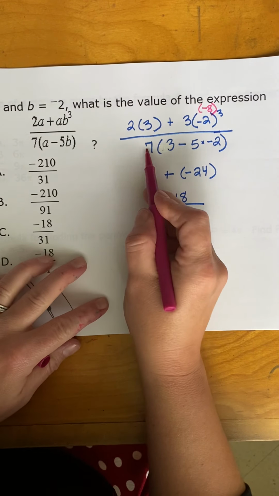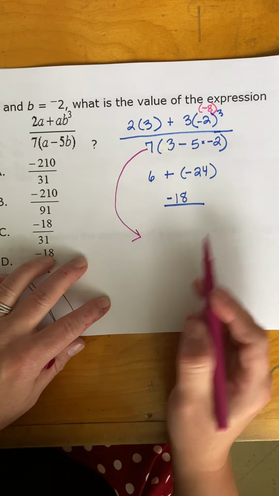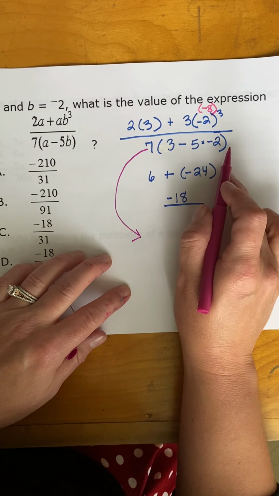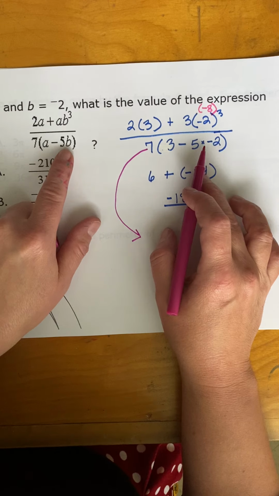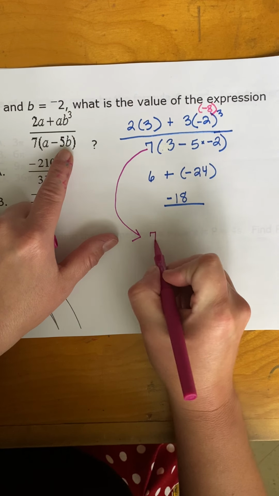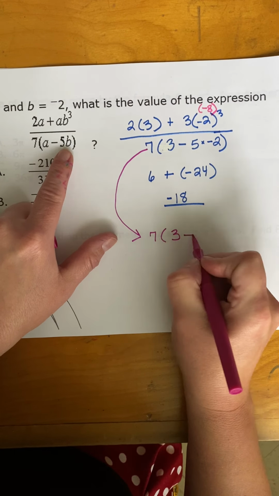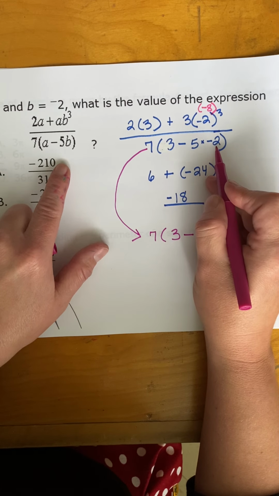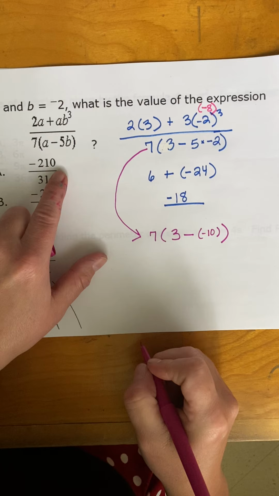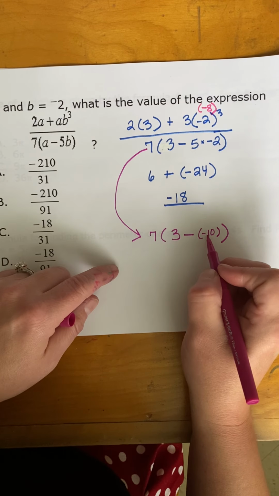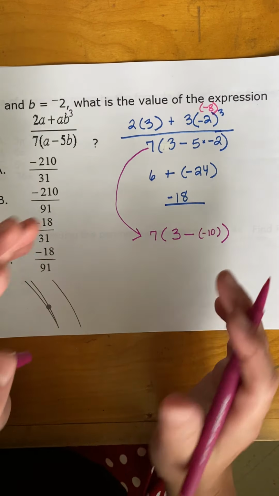I'm going to scooch down here to do that. So first we need to do what's in parentheses. And in our parentheses, we have subtraction and we have multiplication. So we'll do the multiplication first. So that'll be 7 times 3 minus 5 times -2 is -10. All right. When you subtract a negative, I'm going to use keep, flip, change, or keep, change, change.